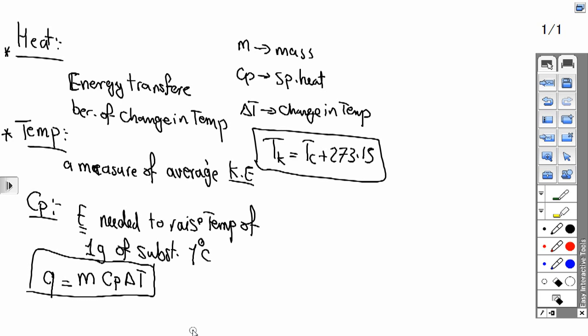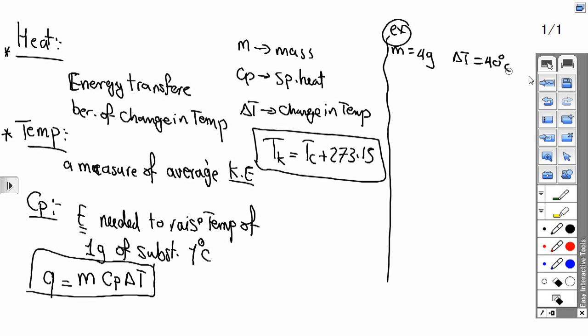Example: calculate the specific heat capacity for an object if the mass equals 4 gram and delta T equals 40 degrees Celsius or Kelvin.